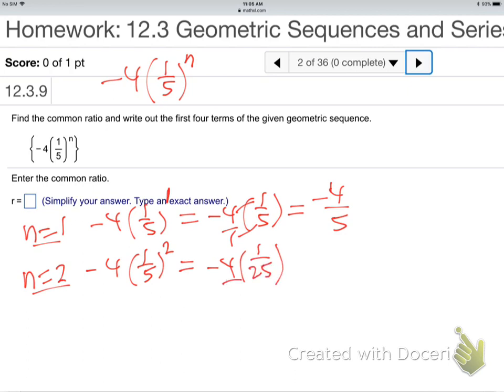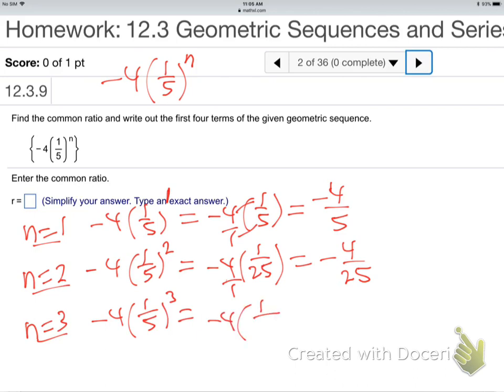And then again, you put that over 1, so that would be -4/25. Yeah, that can't be simplified any further, right? Nothing goes into 4 and 25. So then we go n equals 3, -4 times 1/5 to the third. Use your calculator. So 1 over 125. Again, the -4 goes to the top because it's over 1. You get the idea, right?